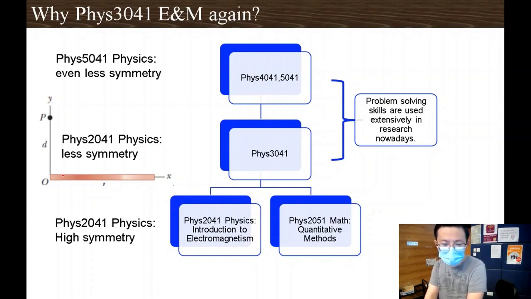So here at 3041, sorry, this is a typo, it should be 3041, the problems are still relatively easy to solve.